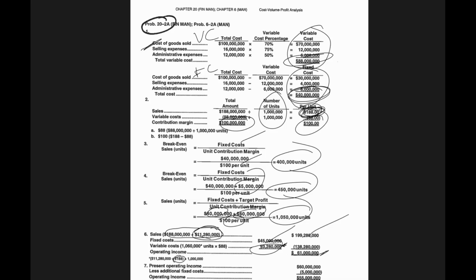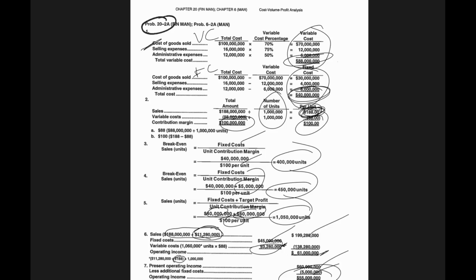And if you look in your text, that's right there on the income statement, our operating income of 60 million. And it just said if we did this expansion, it would increase our fixed cost by 5 million. We don't have to worry about variable costs because it just said if sales remain the same, nothing else changes, then what will that do to our operating income? Well, it's going to drop it by another $5 million.